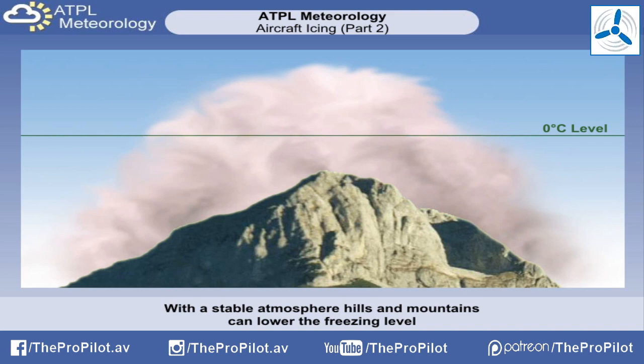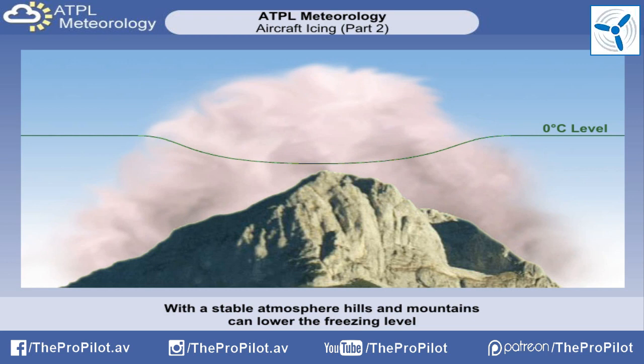There is another effect that high ground can have on the icing risk. In stable air, hills can actually lower the height of the 0-degree level, especially when there is snow cover. In the diagram, we can see that around the high ground, the 0-degree level is a little lower. Pilots, when approaching hills, might believe that they are below the 0-degree level and have little risk of icing.